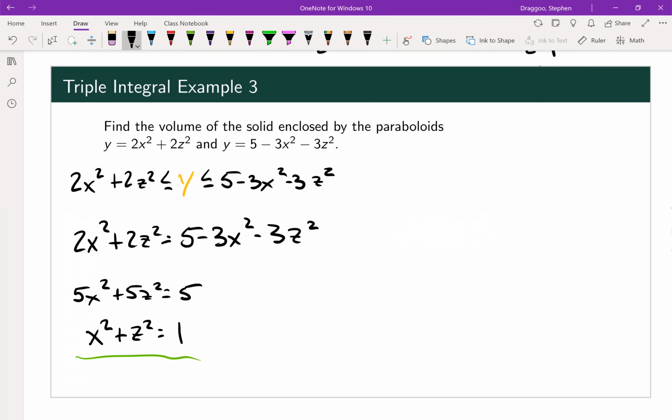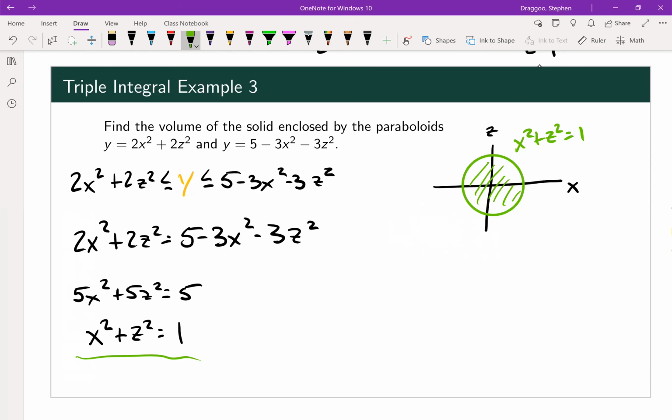So if we just put some coordinate axes up here, we'll call that x and z. Our shape should just be a circle of radius 1. Cool, so x squared plus z squared equals 1, and our region is the interior of that circle.